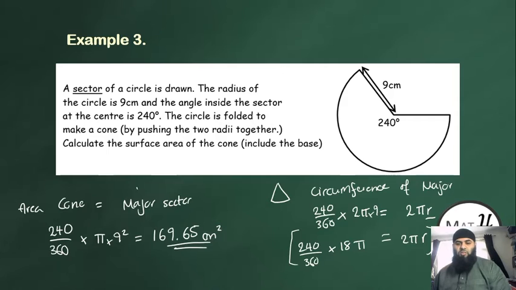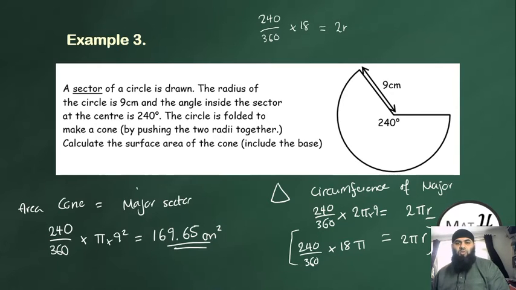I'm going to carry on working here because of lack of space. So I'm going to get the following: 240 divided by 360 times 18 equals 2r.